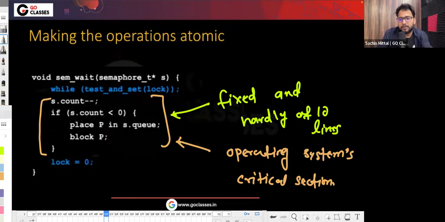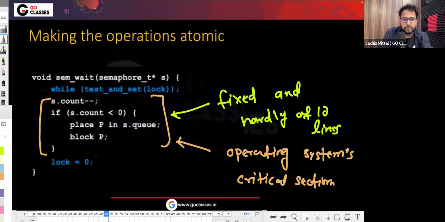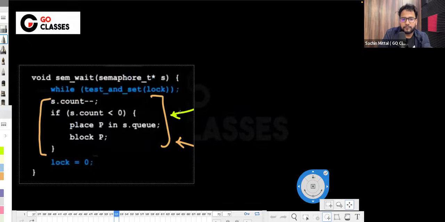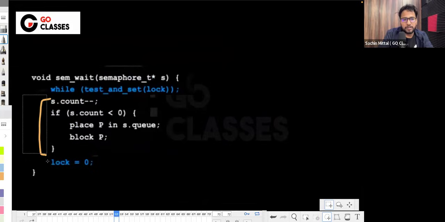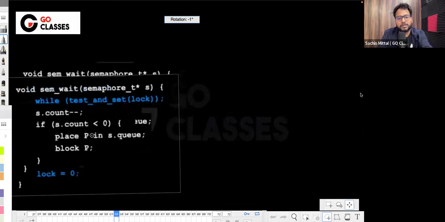Let me tell you, all the processes will execute something like this. All the processes will have the critical section protected like this, which means P1 will run this code, and similarly P2 will also run the same code.